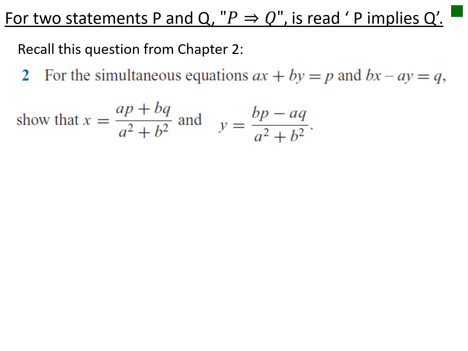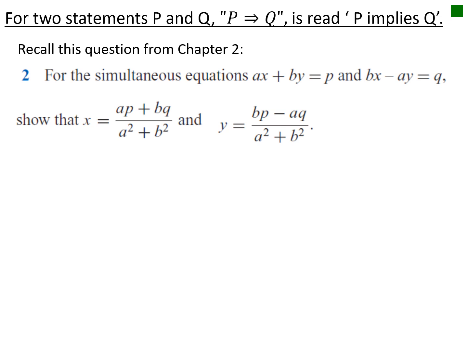Okay, to explore statements of implication in the context of maths, let's look at this familiar context. This is a question from chapter 2 of the book, one that I think I've talked about before. And it's indeed a statement of implication. So for the simultaneous equations as you see it, show that x is this and y is that.